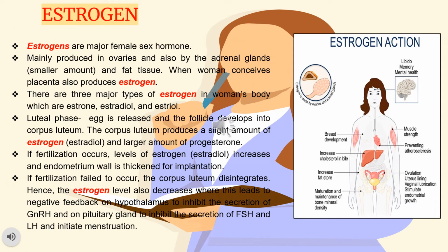It also aids in breast development, muscle strength, prevents atherosclerosis, increases cholesterol in bile, increases fat store, maintains bone mineral density, and also helps memory. I hope my explanations are good enough to understand the roles of estrogen and how estrogen affects menstruation. That's all from me.